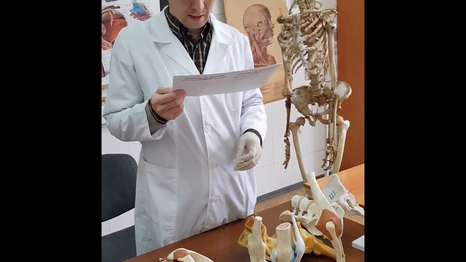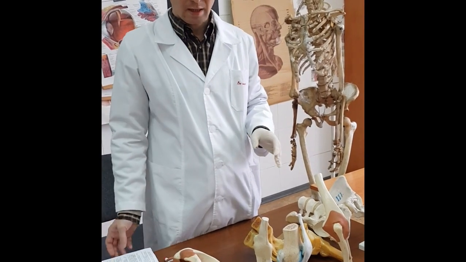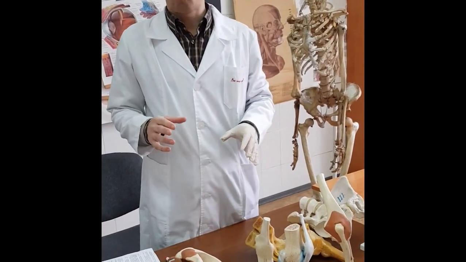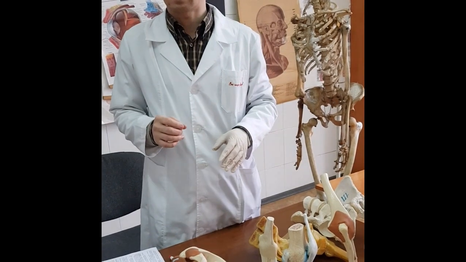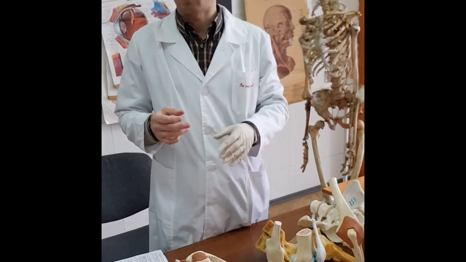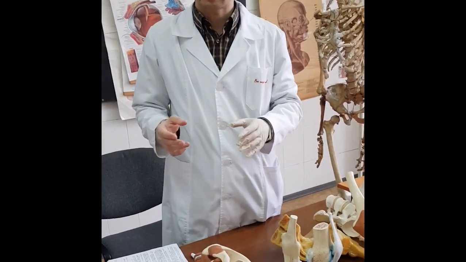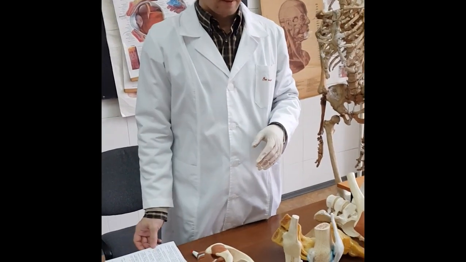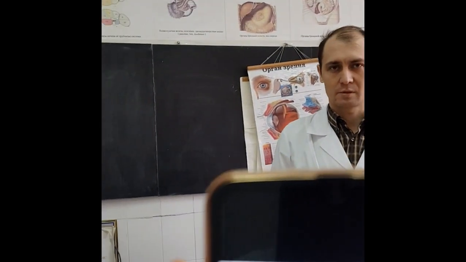Next, classification according to shape and number of movements in axes, or number of axes. Where is movement possible? Firstly, one-axis joints. There are two types: cylindrical and trochlear.